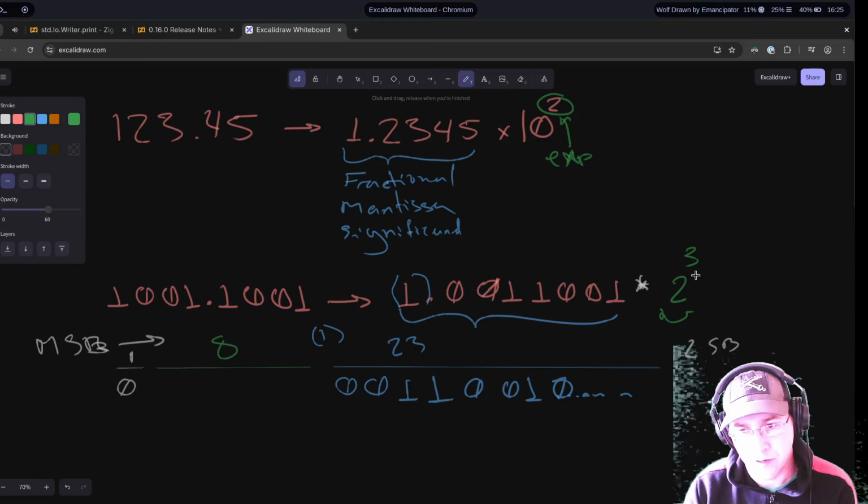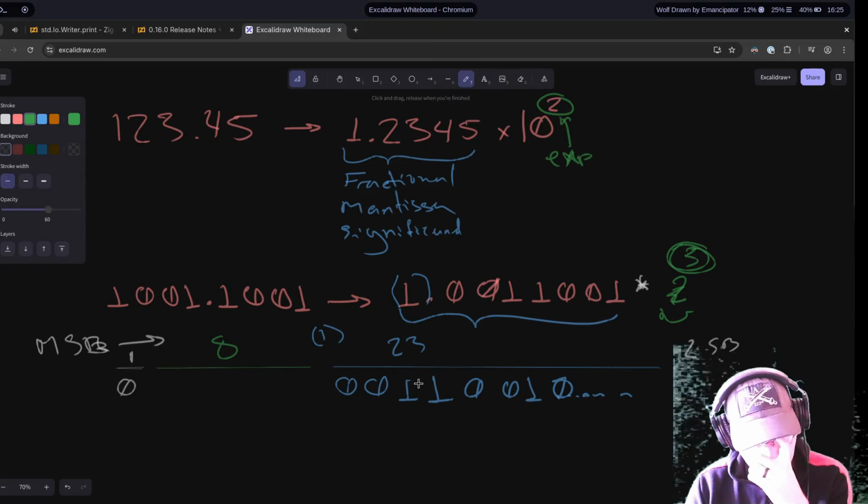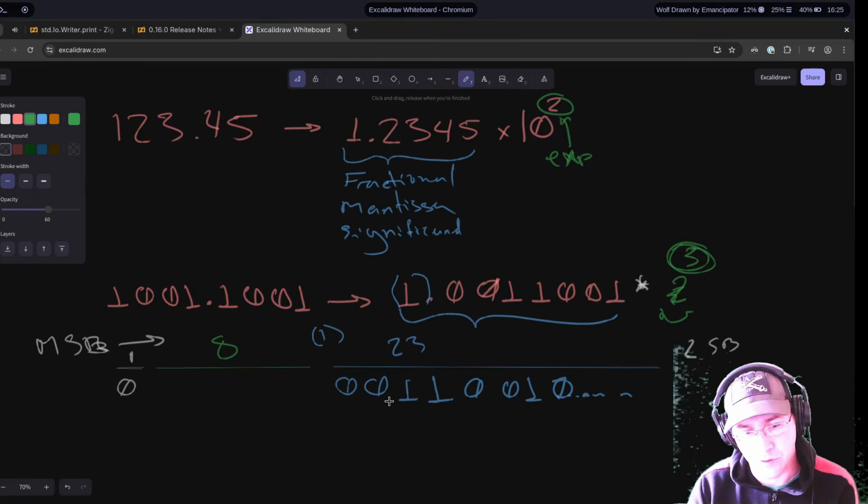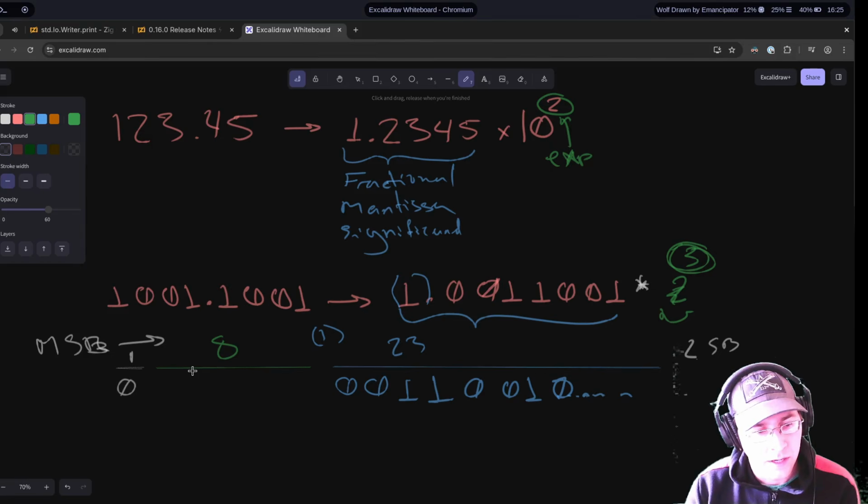And for the exponent, we know that 2 to the third, right? We really care about this number. We don't care about 2 or 2 to the third. We just want to encode 3. That we're going to raise this value to the power of 3, or really shift it over 3 times.